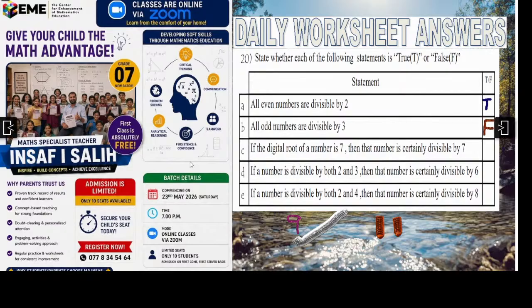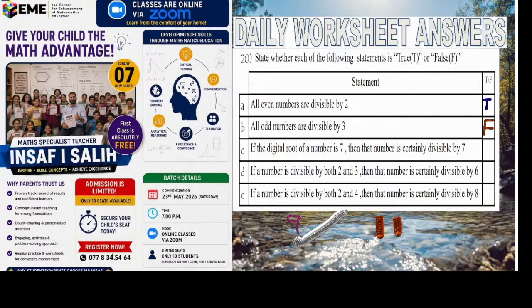Statement C. If the digital root of a number is 7, then that number is certainly divisible by 7. Alright, think of a number whose digital root is 7.